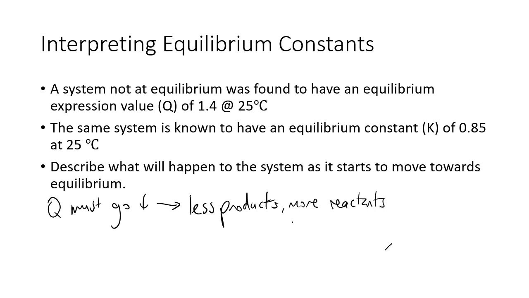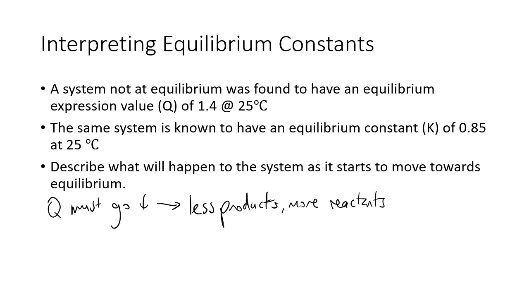Does that make sense? Q must go down. And remember, Q is the equilibrium expression, which is products over reactants. If it must go down, you must get rid of some products and add more reactants. And then you'll get closer to the equilibrium constant of 0.85.